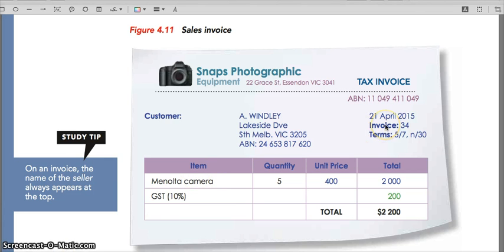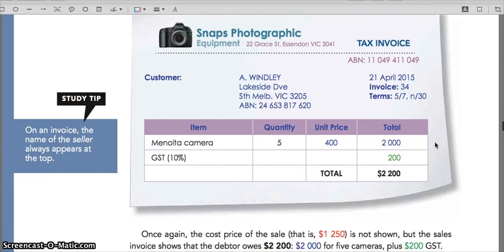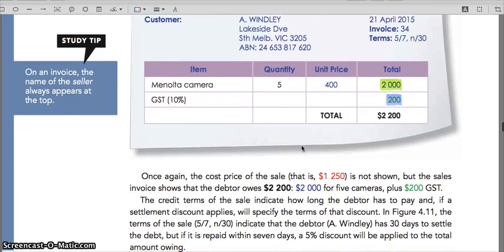They've sold 5 Minolta cameras, unit price $400, so we've got a total amount of $2,000 as a selling price, and a GST amount of $200. Selling price in green, GST in blue.